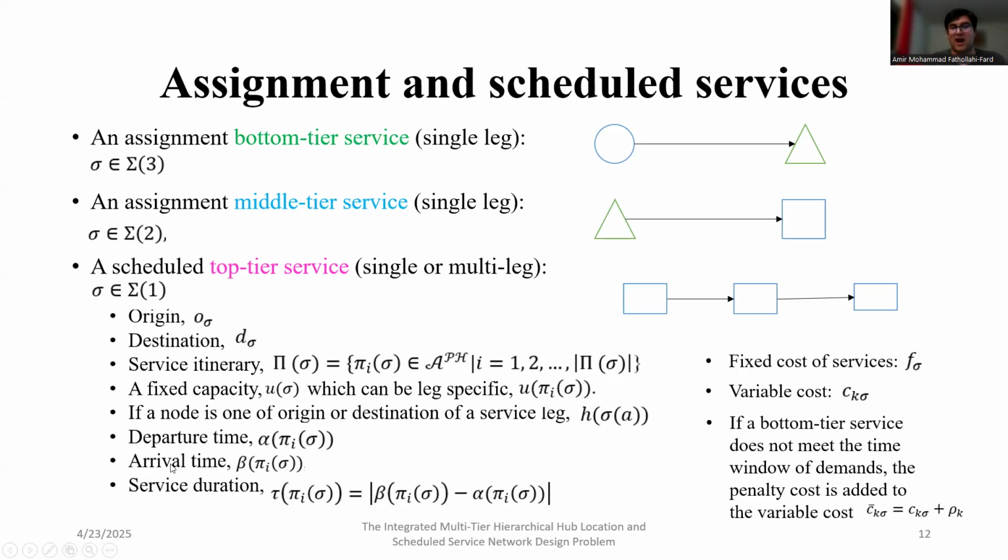So if the arrival time of the service does not meet the delivery time for the demands, we have defined a penalty cost for this service. So from the definition of the services and the demands, we clearly know that if a demand is assigned to a service, it will be delivered on time, or we have a penalty.